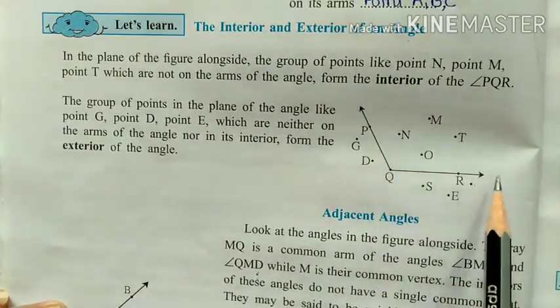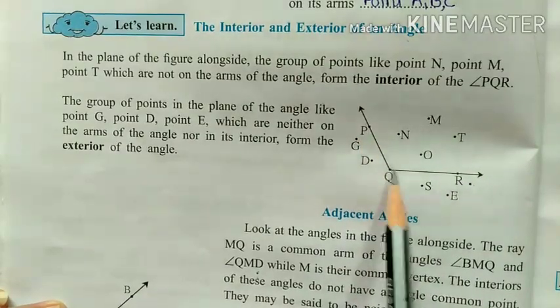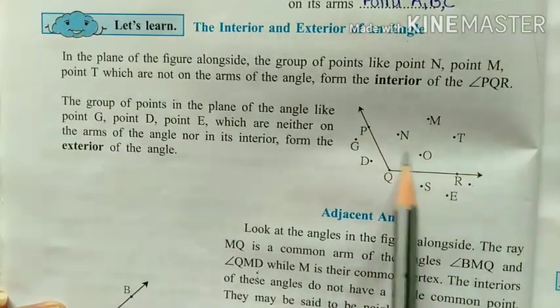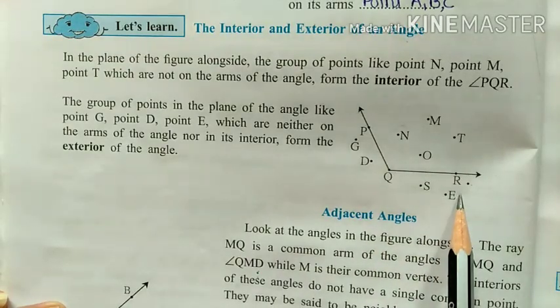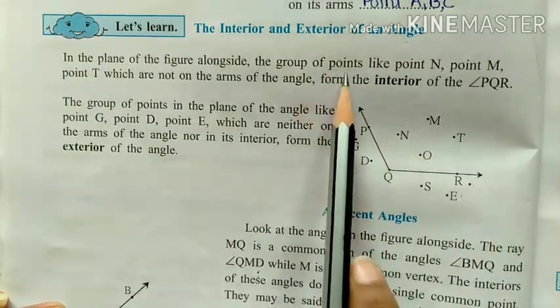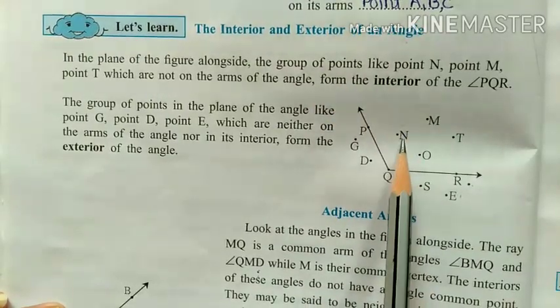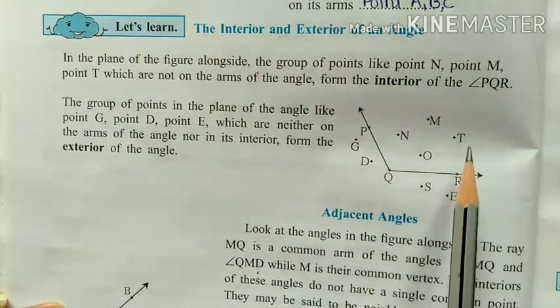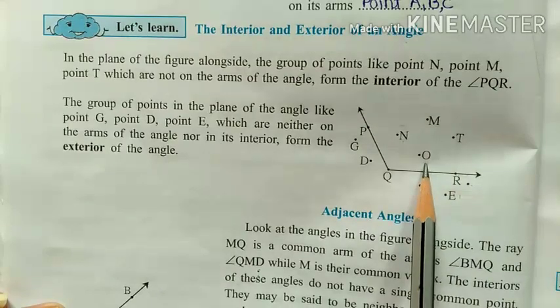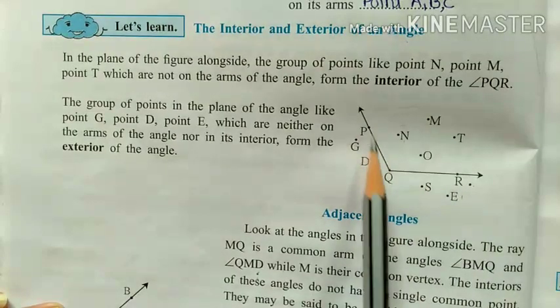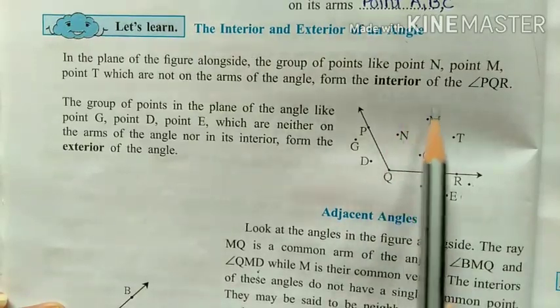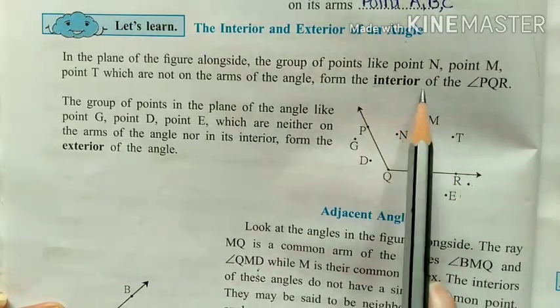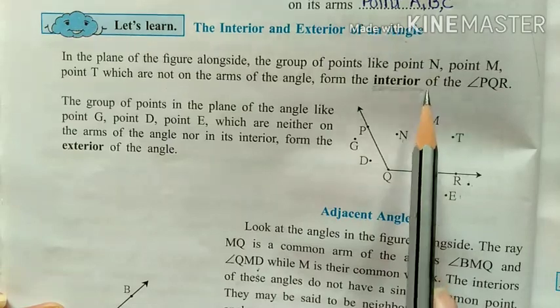Observe the diagram carefully. Angle PQR. Inside the angle and outside the angle, some points are shown. The group of points like point N, point M, point T, point O, which are not on the arm of the angle but inside the angle, are called the interior of the angle.